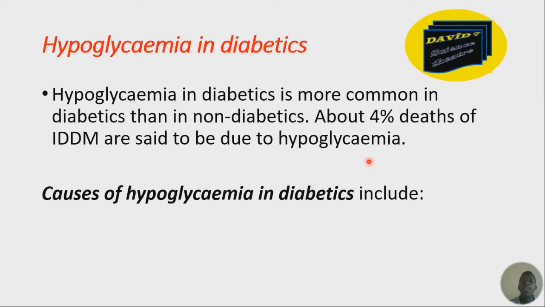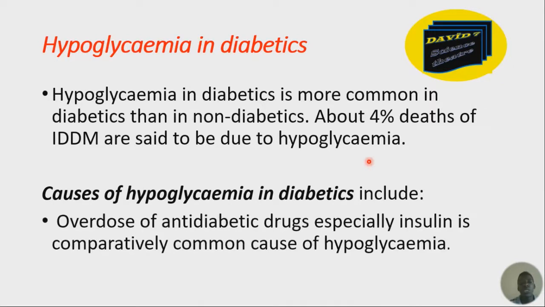Causes of hypoglycemia in diabetics include, one, overdose of antidiabetic drugs, especially insulin, which is a comparatively common cause of hypoglycemia. Those diabetics usually want to take in more insulin, and they overdose themselves with a lot of insulin. This will cause hypoglycemia and death.